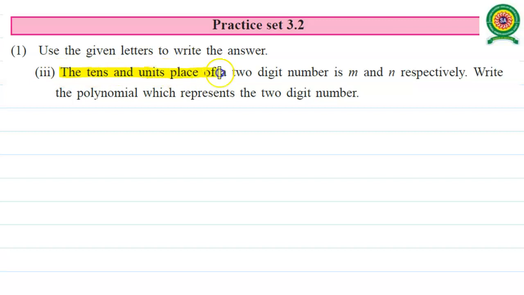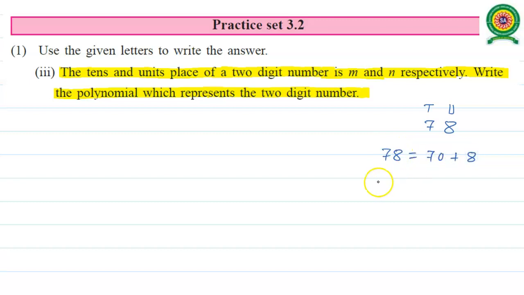The tens and units place of a two-digit number is m and n respectively. Write the polynomial which represents the two-digit number. Now be focused. Suppose we have a two-digit number 78, 8 at the unit place, 7 at the tens place, so we can split 78 as 70 plus 8, and write 70 as 7 into 10 and 8 as 8 into 1.